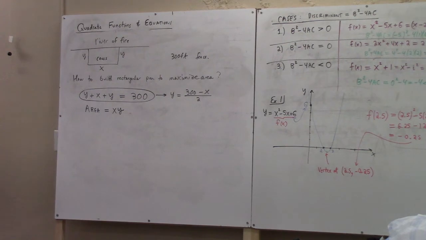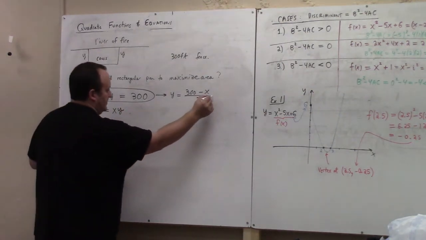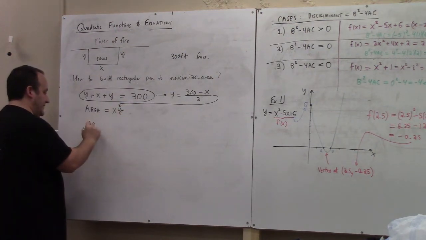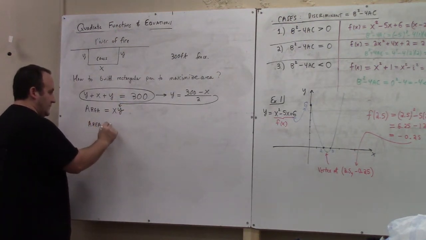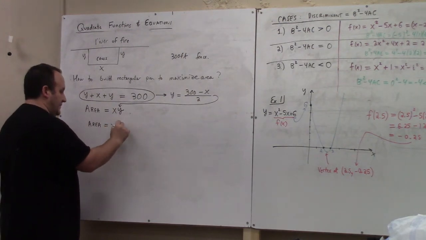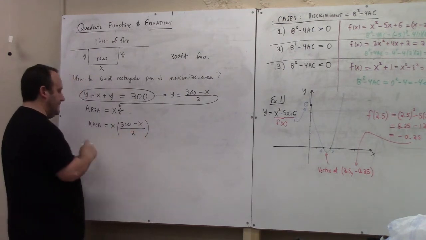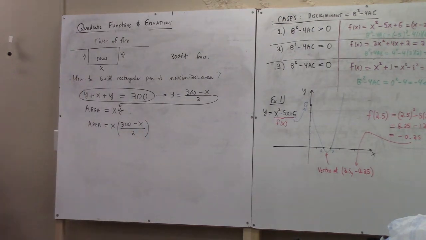So if we solve for y, we get 300 minus x over 2. So I can plug that into here, and that gives me the area as a function of x alone, namely x times 300 minus x, all divided by 2.